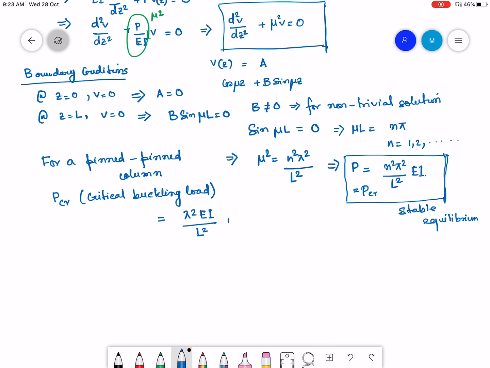Then it is going to be 4 pi square EI by L square, and so on. So it is going to be 9 pi square EI by L square.